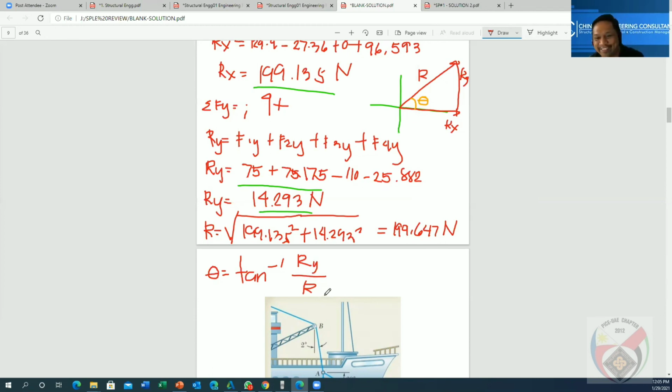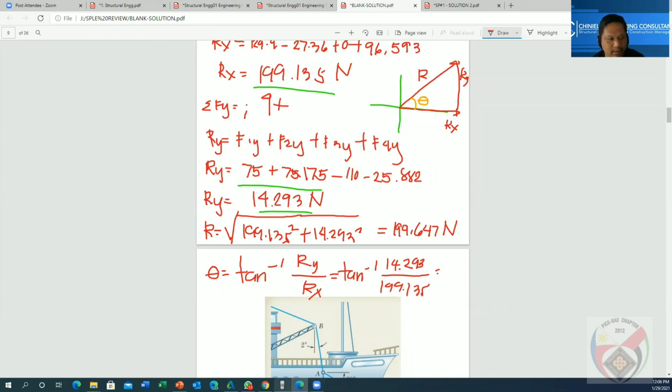So Ry over Rx. So Ry is 14. What is the value of this? So the arc tangent of 14.293 over 199.135.